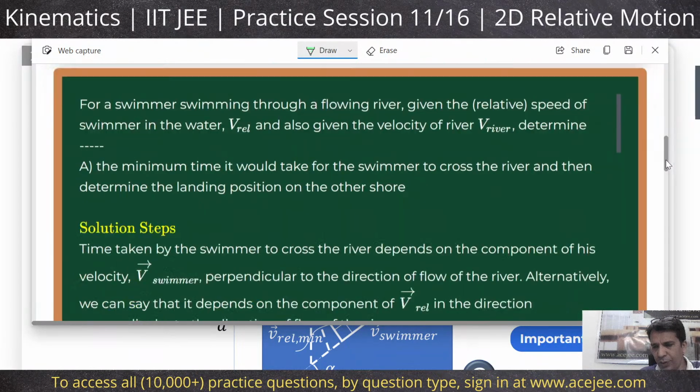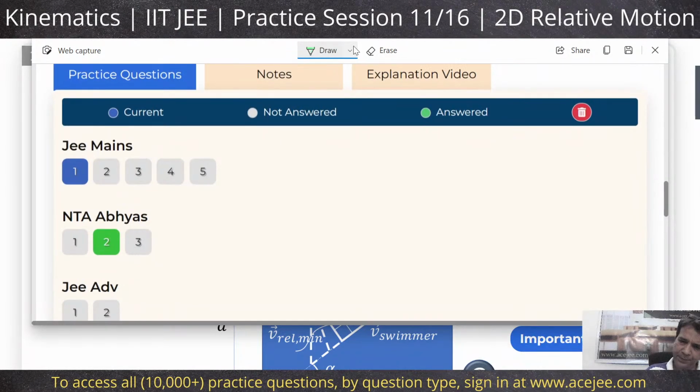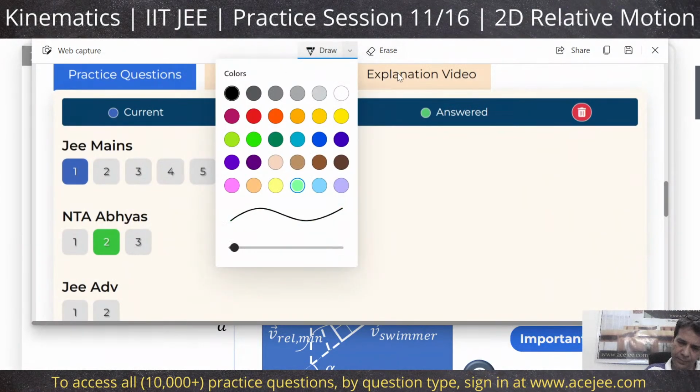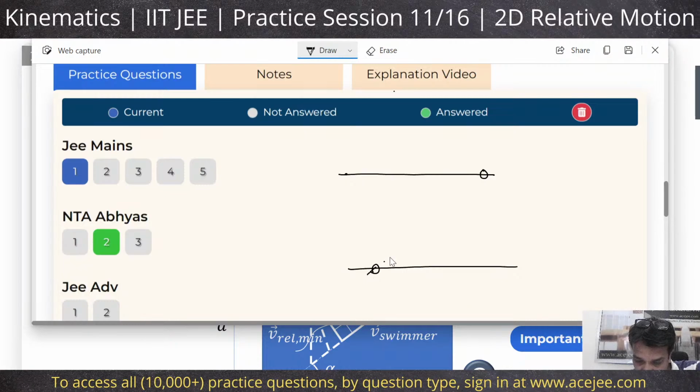Right. So let me revisit it and see if I can make it simple. The question is like this. So Chavi, I'm using your name, just for convenience. Let's say we are given that the swimmer starts here and has to land here, which means that the net speed relative to the ground should be in this direction.